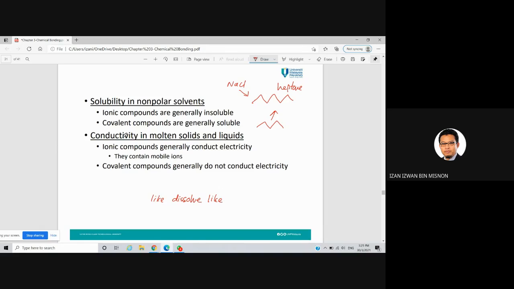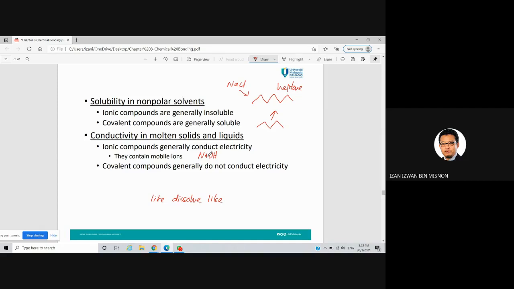Next is the conductivity in molten, solid, and liquid. Ionic compounds generally conduct electricity since they contain mobile ions. So take another example, sodium hydroxide. Sodium hydroxide is in solid form.